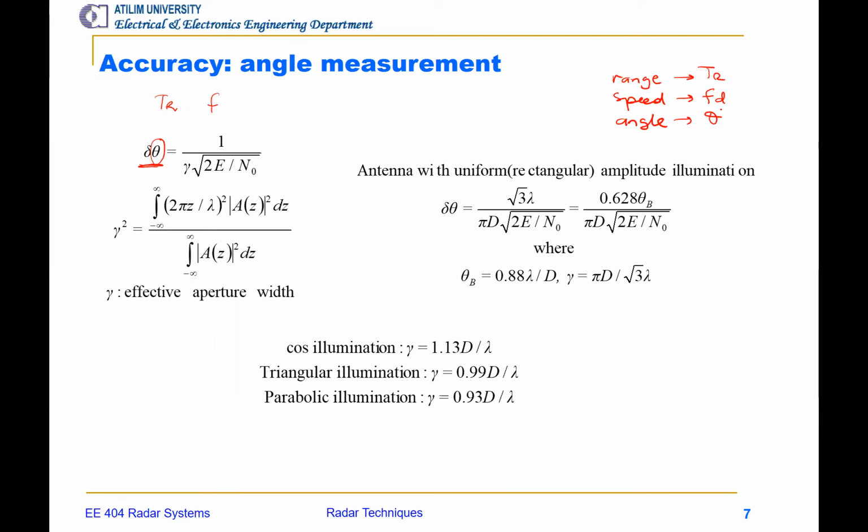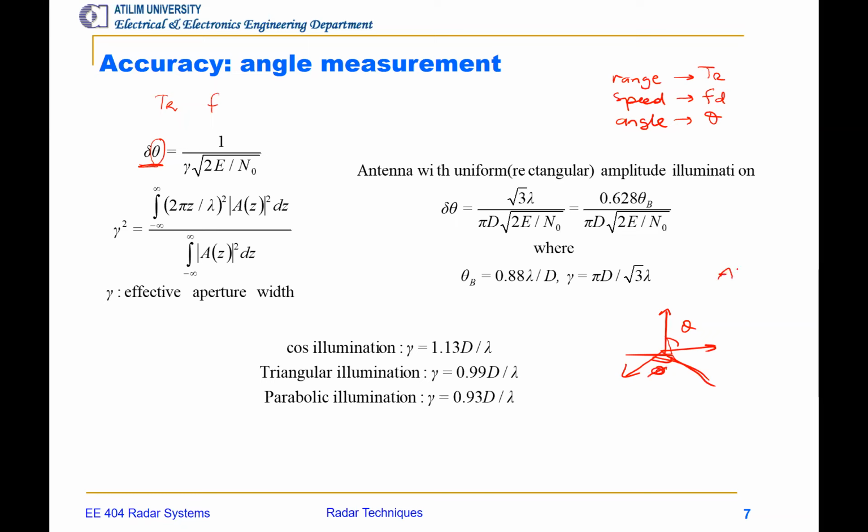It's about the antenna model, of course, for the angle. We'd like to make a small beam width in cross range, either elevation, let's say theta or phi.